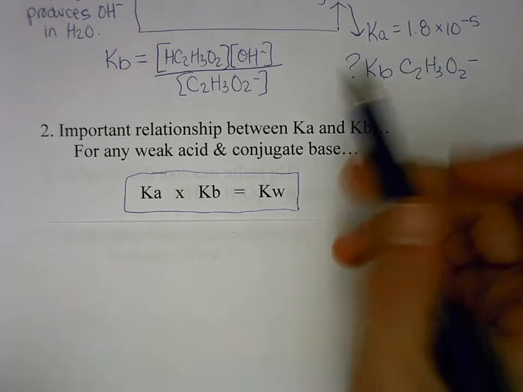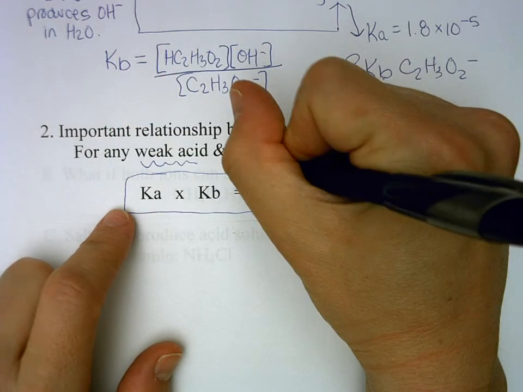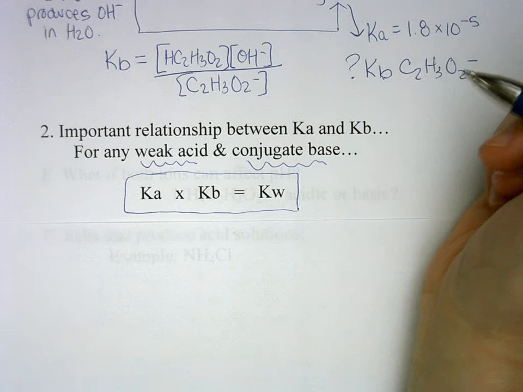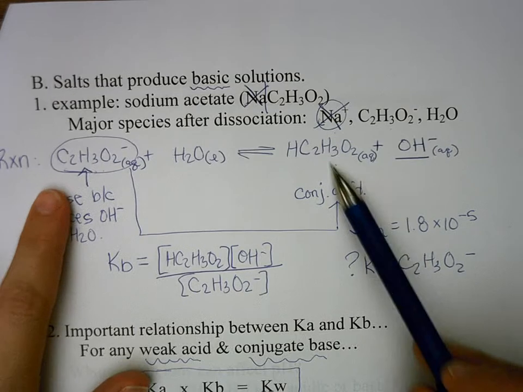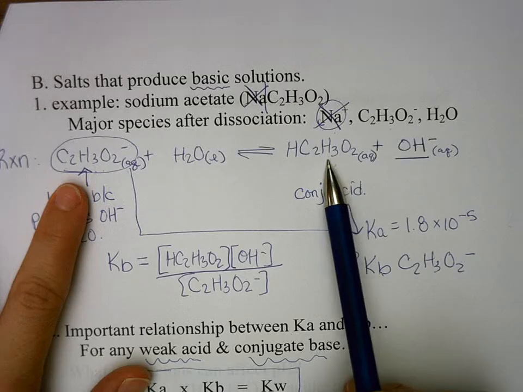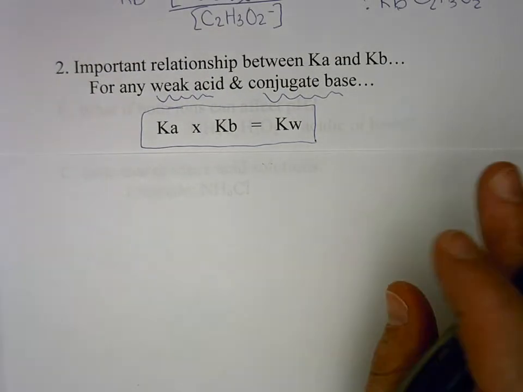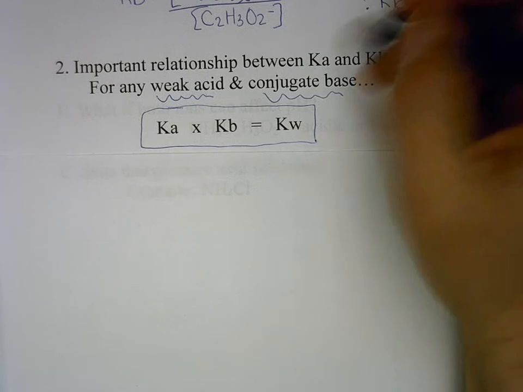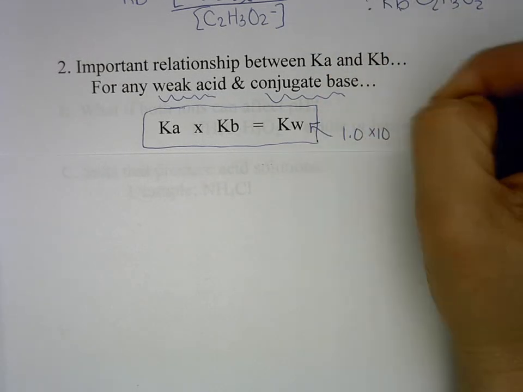In the notes, I happen to type out for any weak acid and its conjugate base, but the reverse is true. If you have the weak base and its conjugate acid, which is what I have up here, those two K values multiplied together equals Kw. Kw is 1.0 times 10 to the what number?